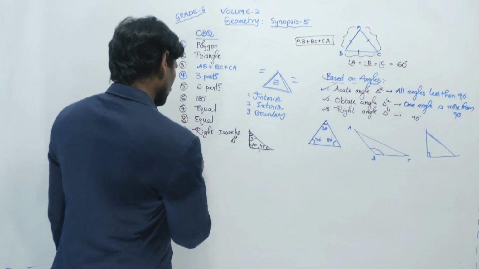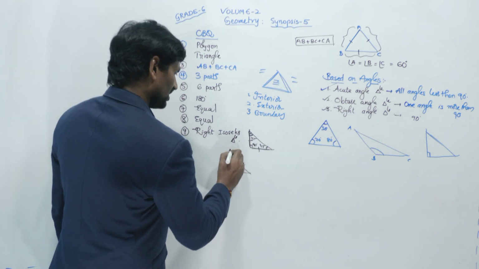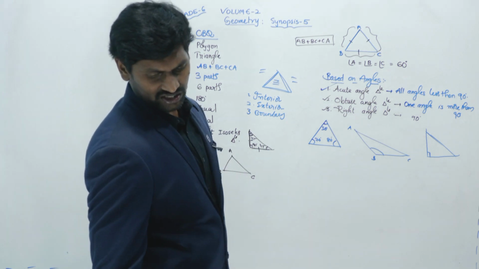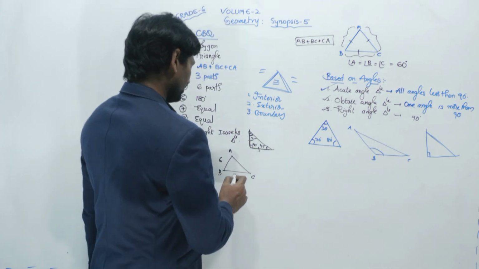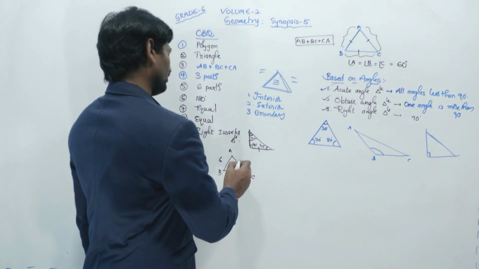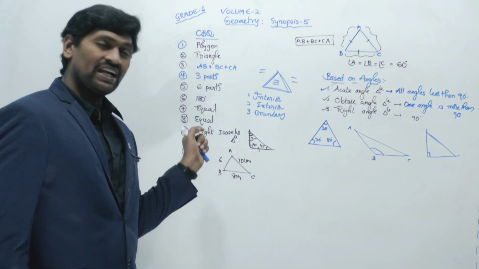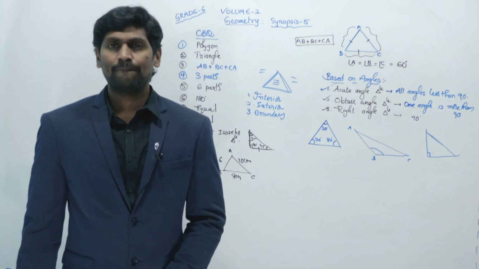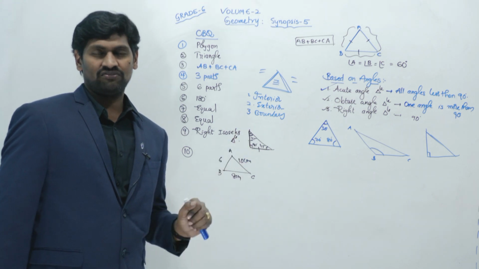I am drawing a diagram to explain: one triangle having 3 vertices, with AB 6 centimeters, BC 8 centimeters and AC 10 centimeters. So 3 different measurements are given for the sides. We can consider this a scalene triangle, because all sides are of different length.